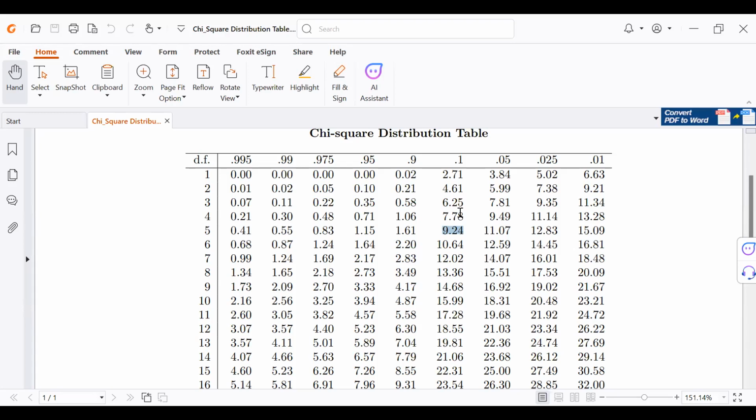So what you realize is that when the probability is decreased to 1%, if the confidence level is now 99% and the probability is 1%, do you see that we get 15.09? Please, you follow?